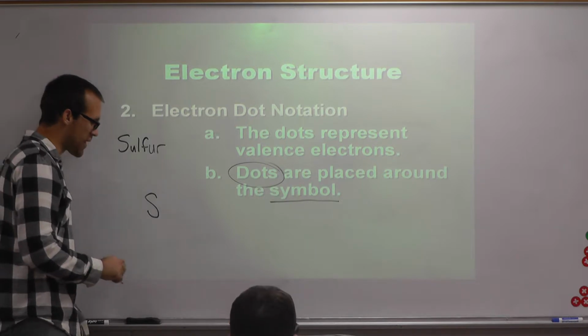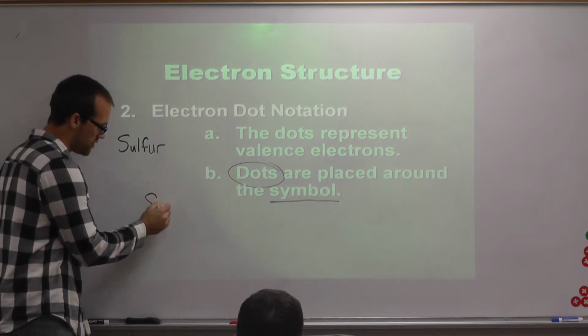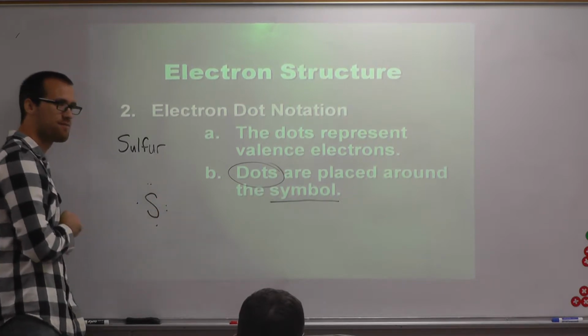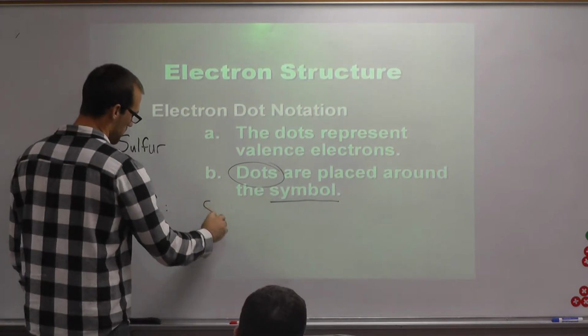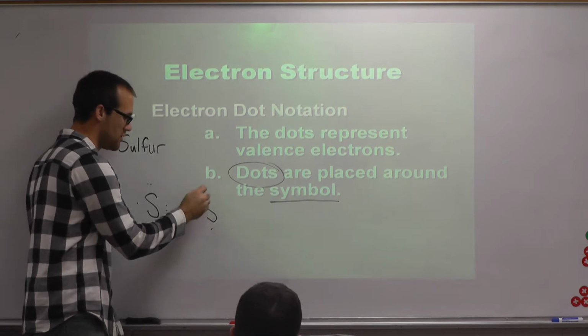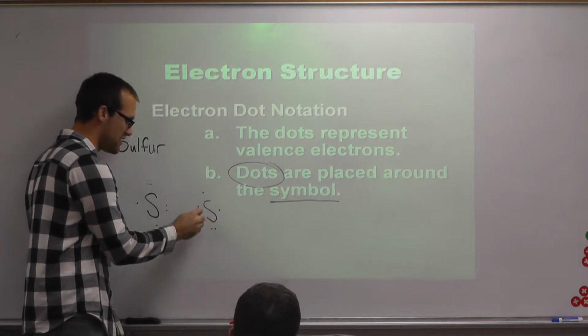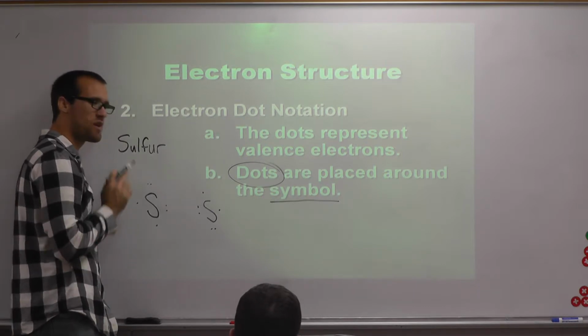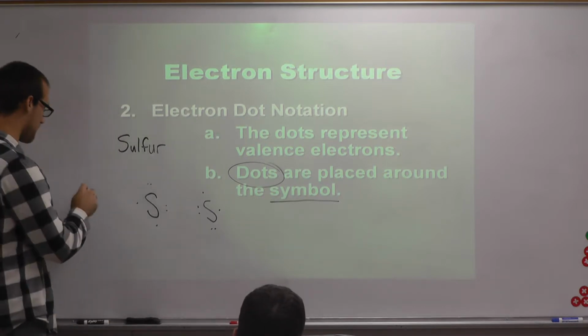That's the only rule you have to remember. Okay, it needs 6, so I can do this. I can go 1, 2, 3, 4, 5, 6. I can start on the south location. 1, 2, 3, 4, 5, 6. Is that okay to do? Yeah. Here's what's not okay to do.